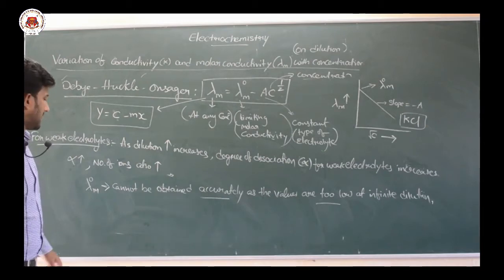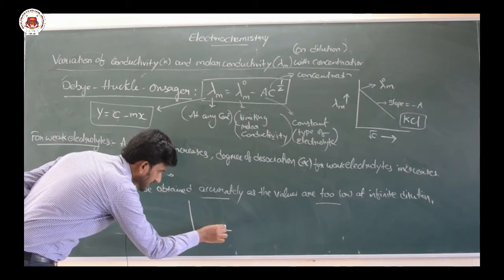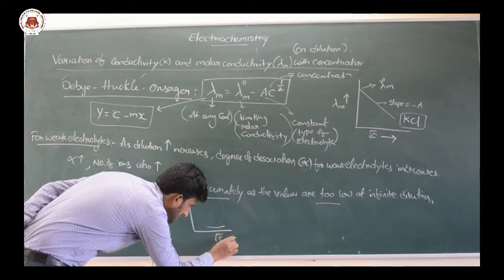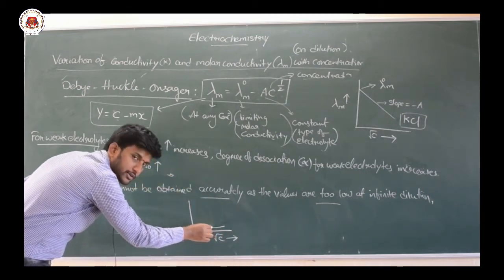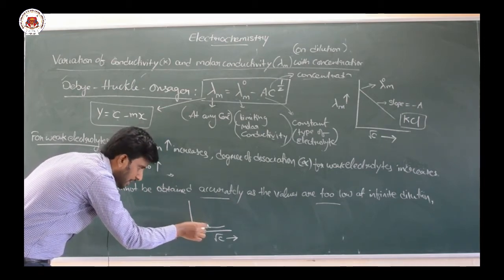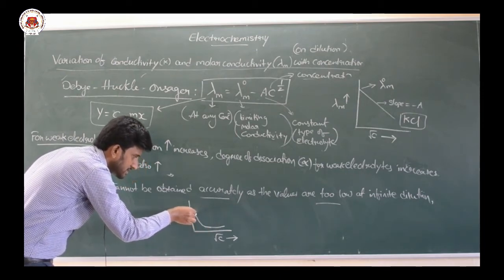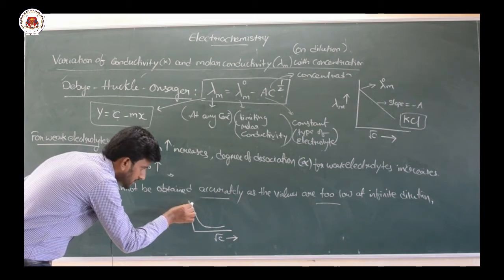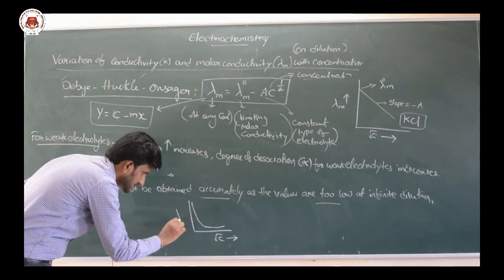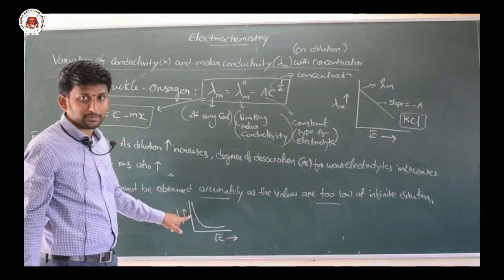So graphically for weak electrolytes the graph is obtained like this. At a high concentration, you will have clear values. As the concentration decreases, as the alpha value increases, conductance values increase, but they will not touch any line on the y-axis. That means you cannot get an intercept.